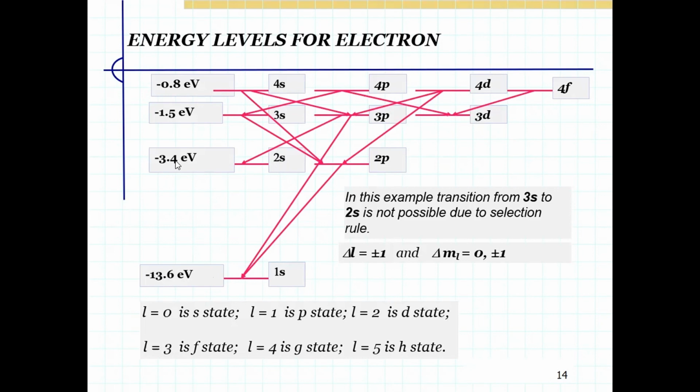Similarly, if you divide this by 9, you get this. If you divide by 16, you will get this. So you can see that the gap between these two is large, and the gap between these two states, between 2 and 3, is small as compared to the first gap.